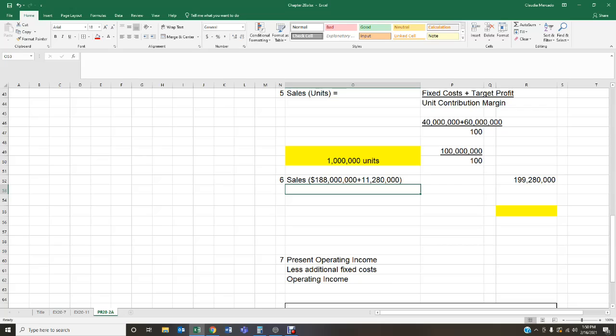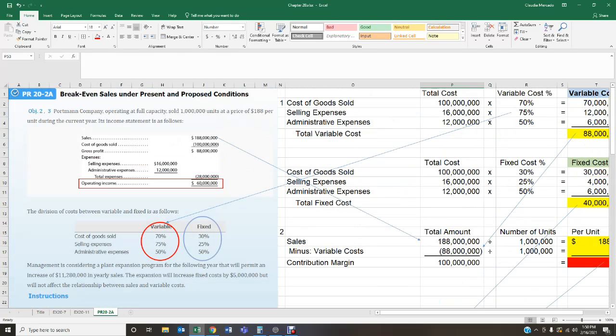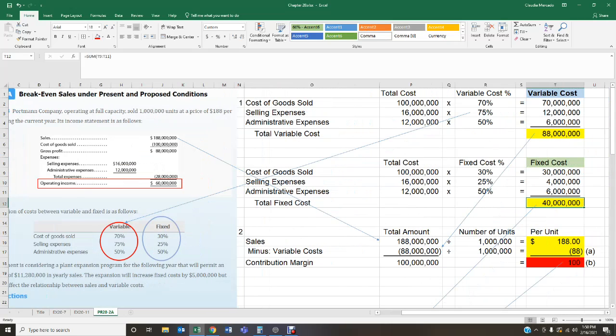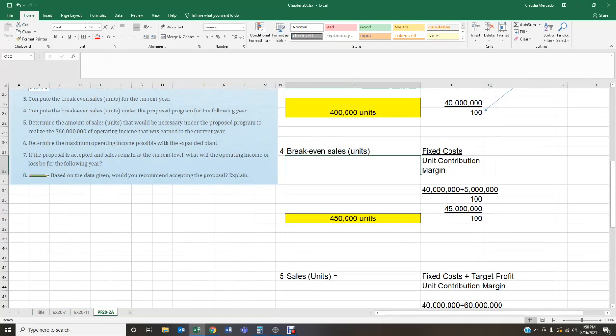Next, I'm going to deduct my fixed cost. According to our problem, we had fixed cost of 40 million. Oh, sorry, I'm putting in the wrong field.